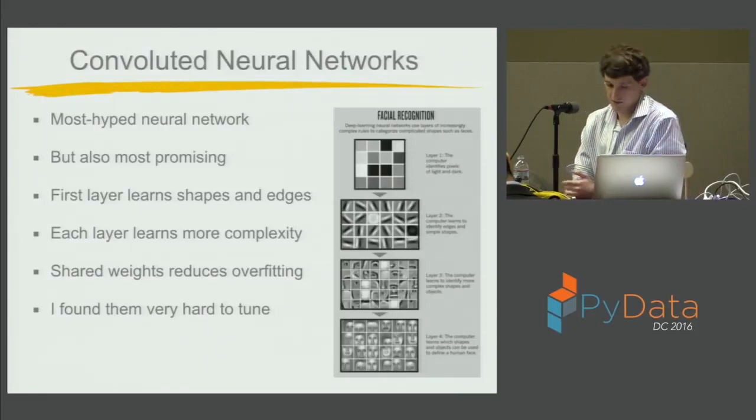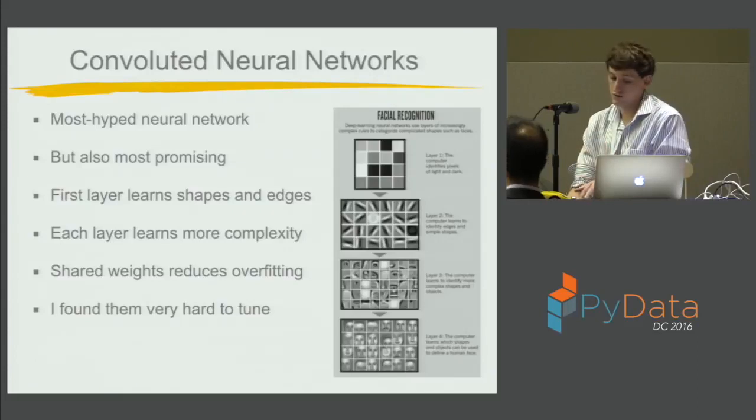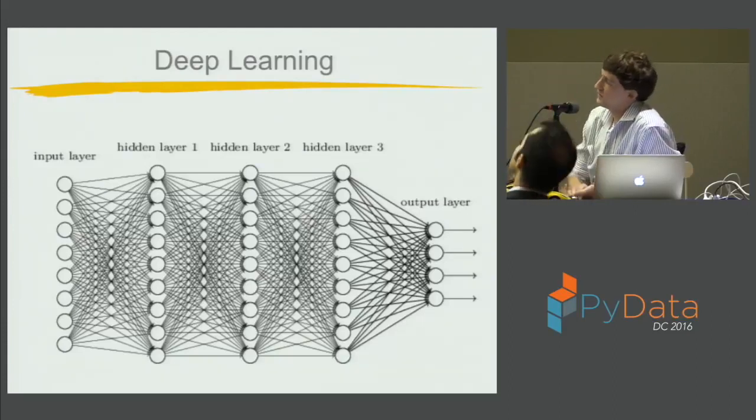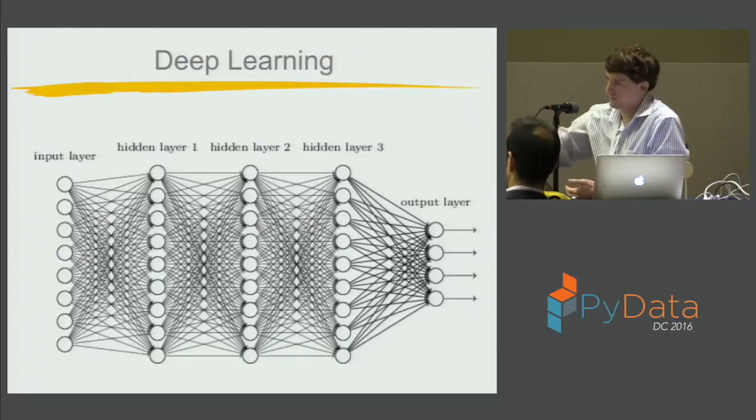Okay. Because they have a lot of connections, and that can lead to overfitting. In my case, I found using TensorFlow, the API is not so hard to use, but the convolutional neural network itself is very hard to tune. So deep learning, people are kind of marketing deep learning as the solution to all the world's problems, but deep learning basically just means a neural network with a lot of hidden layers.